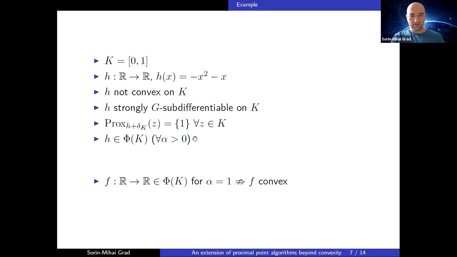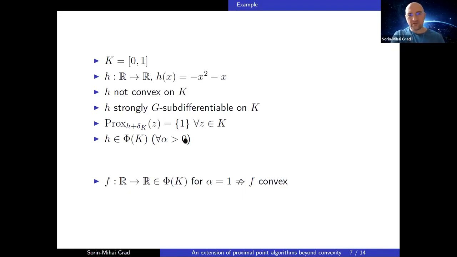It's always 1 all over this set, and as a consequence, this function is prox-convex on the set K. Because it's prox-convex with every possible coefficient alpha greater than 0, it's prox-convex also with a coefficient alpha 1. So as I said before, we have one example where the function is prox-convex with alpha equal 1, but is not convex. This is the one.